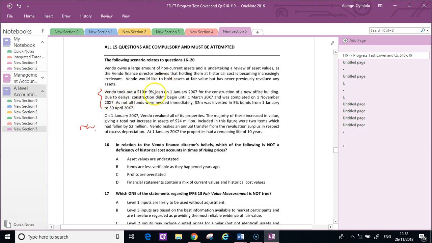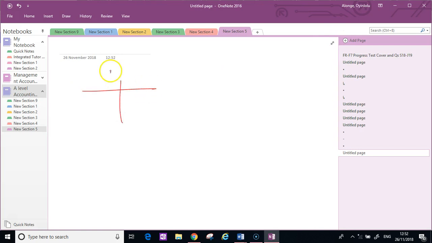So I'm going to do it double entry style, just so you can really see what's going on. So it says that, first of all, they take out a 10 million loan. So let's just do that first. Bank, loan. So they take out 10 million and 10 million comes out. And we're told the interest is 9%. So that's 0.09.